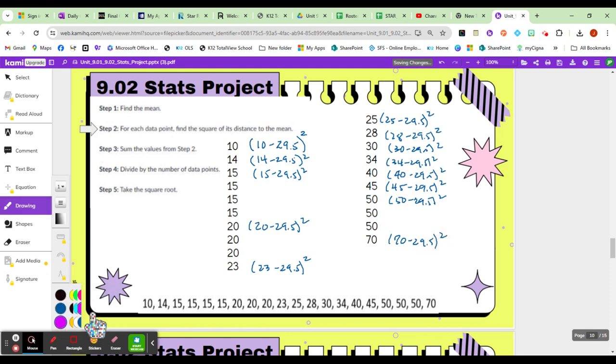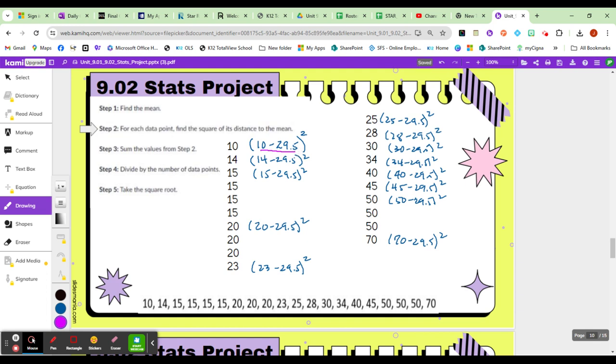So I'm going to change colors here, and we will go ahead and calculate those. Make sure that you do 10 minus the 29.5 and then get that number and then square it.